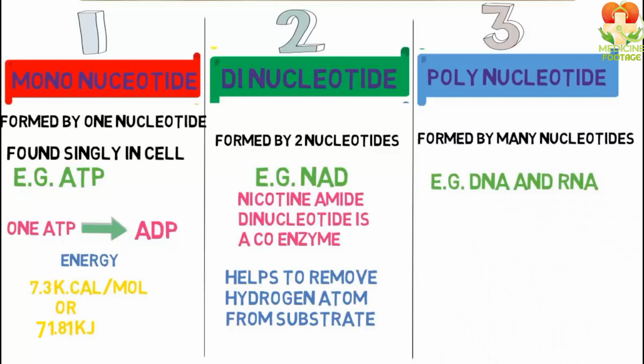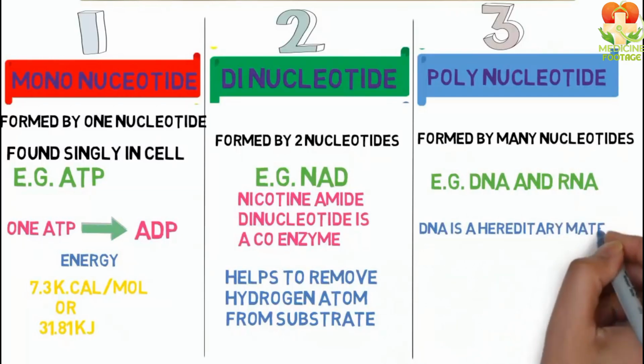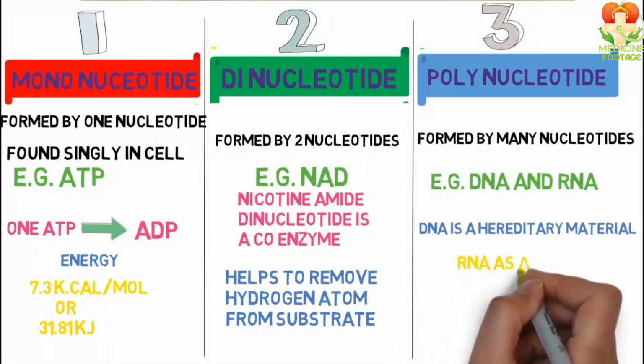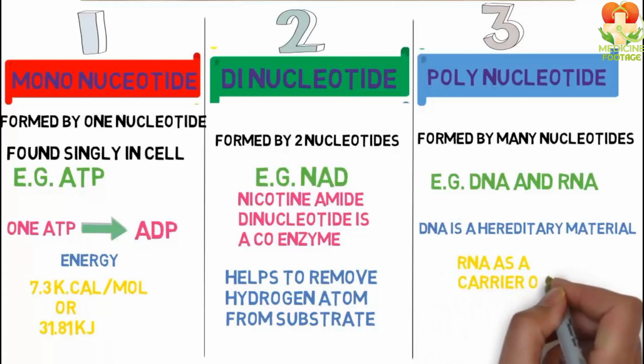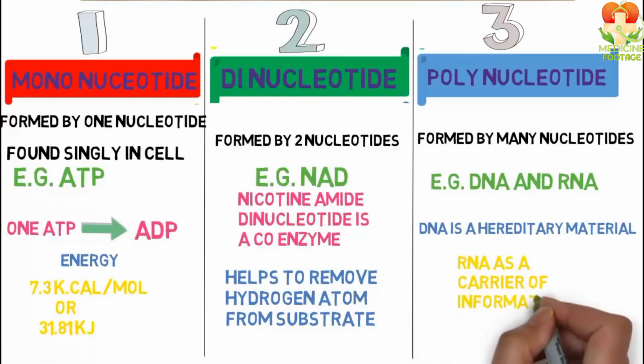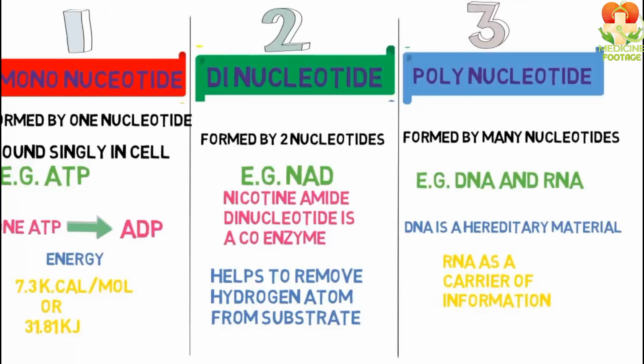Friends, I have already taught about DNA and RNA. DNA is the hereditary material, and RNA acts as a carrier of information. This means RNA carries information from one place to another in the cell, and DNA is transferred from parents to children.